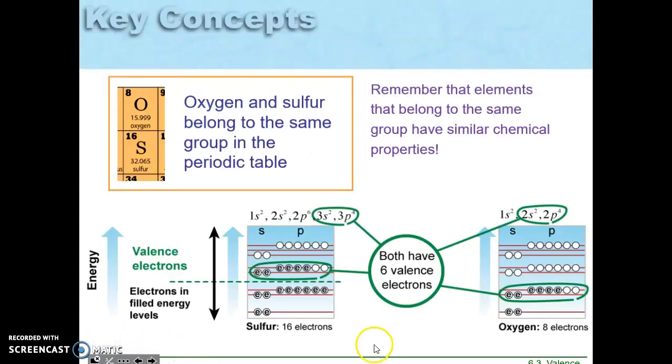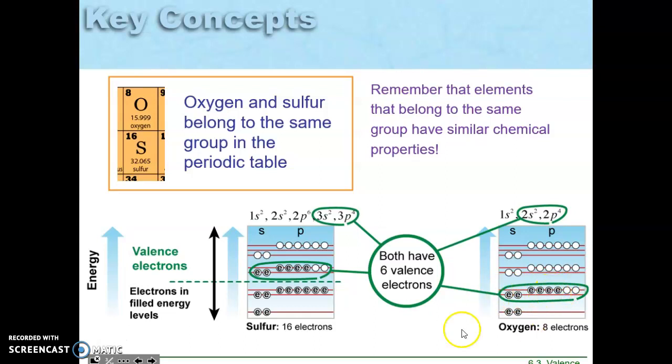Let's dive into what we wrote down just a little bit more. We see that oxygen and sulfur are both in the same group, both in the same column on the periodic table, group 16 of the oxygen family. So we know they're going to have similar chemical properties. We can also see that they have the same number of valence electrons. Oxygen has 2 S's and 4 P's for a total of 6 outer electrons.